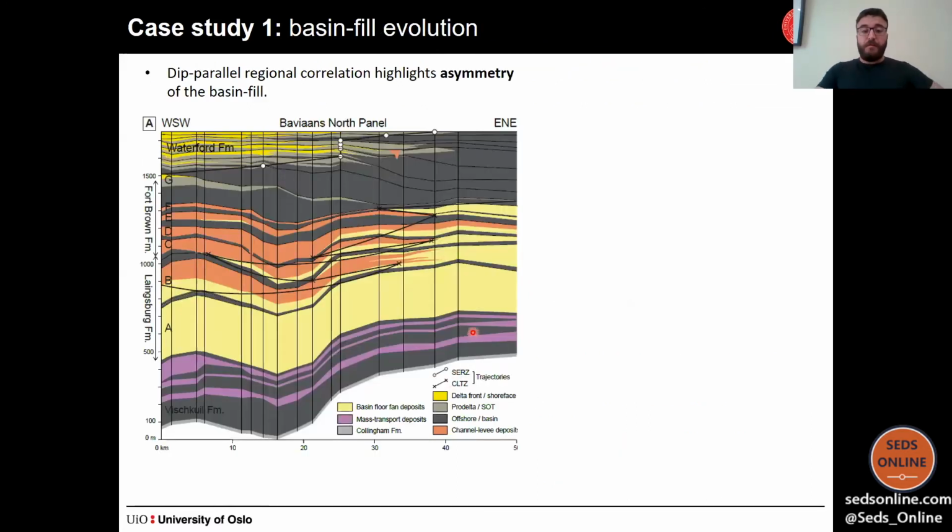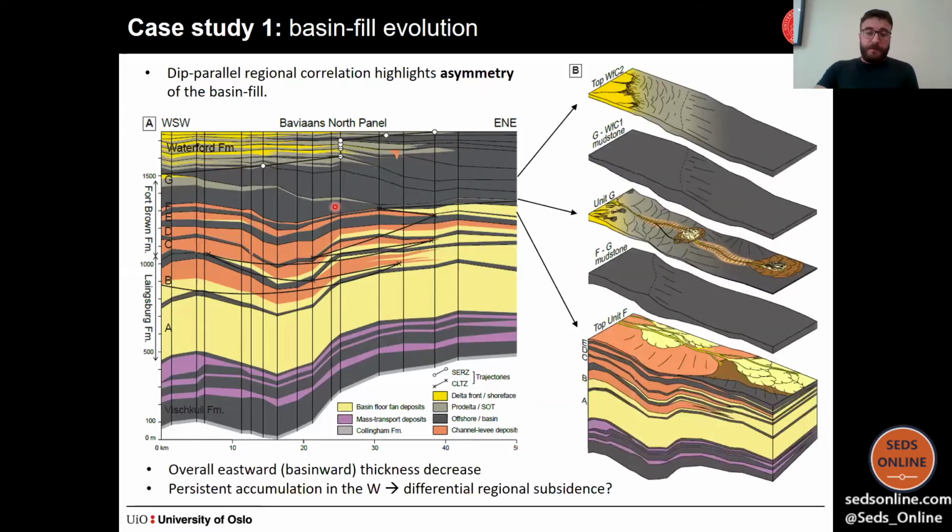So this is unit G here now, but when we try to upscale this to the general correlation panel of the Laingsburg depocenter, we see that there is a highly asymmetric sedimentary infill of the basin here. So these are several reconstructions of how the margin has evolved through time.